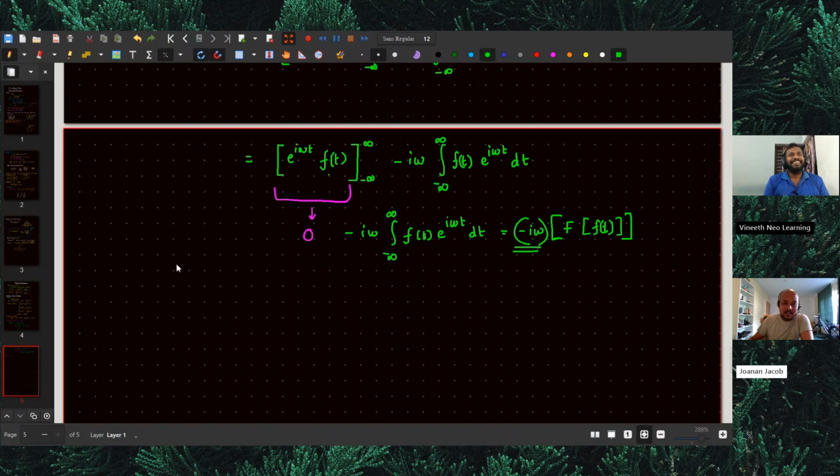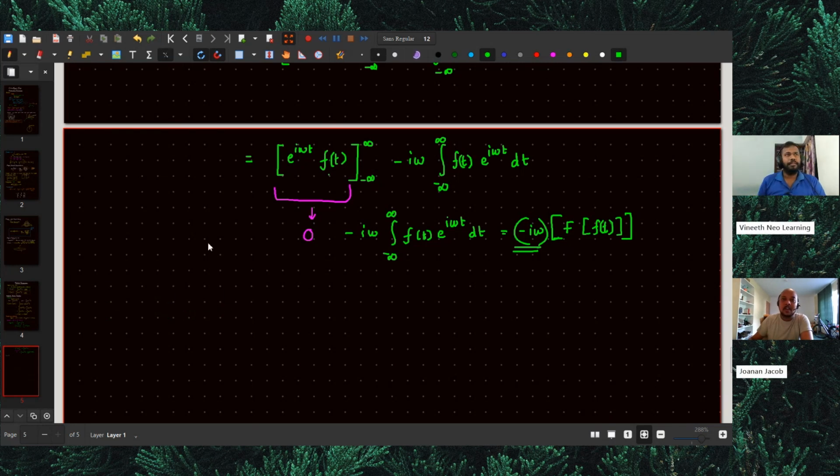Okay, let's do the second derivative also. It's actually very simple; you can find that without using this integral. Let's talk about the second derivative, but before that, just write that formula.